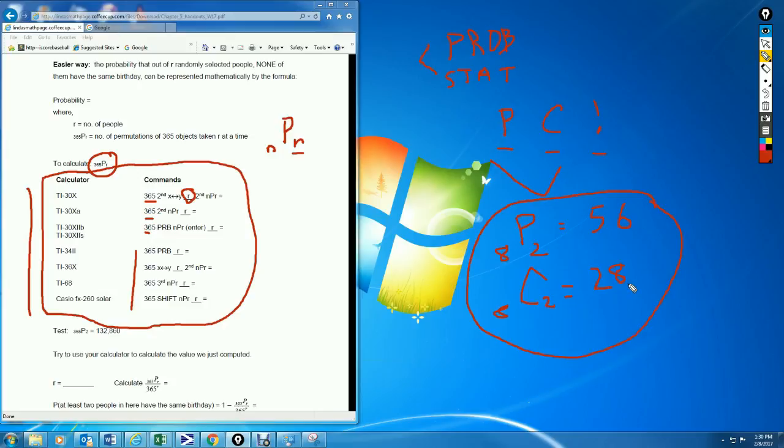And really, I strongly urge you, pause this for a minute, figure out how to do that on your calculator. Hopefully your calculator is listed here, or you've got the menu item, and then like I said, go to one of these options. Try to figure out how to do it, okay?